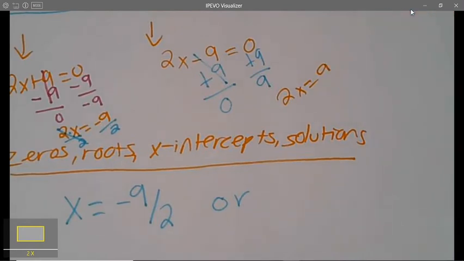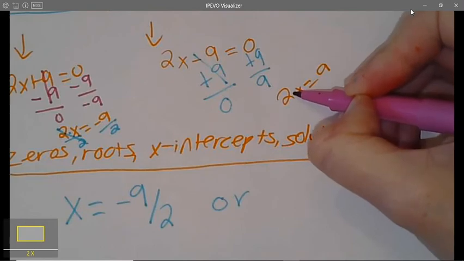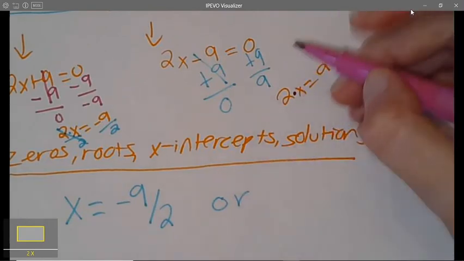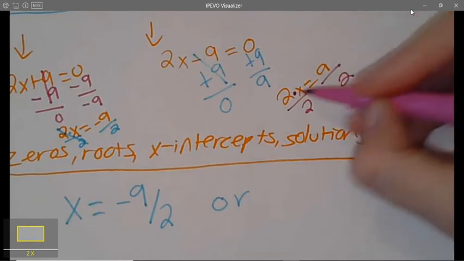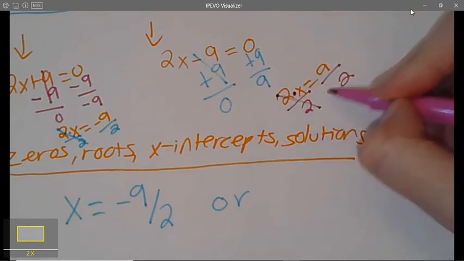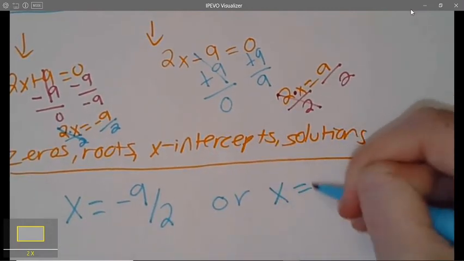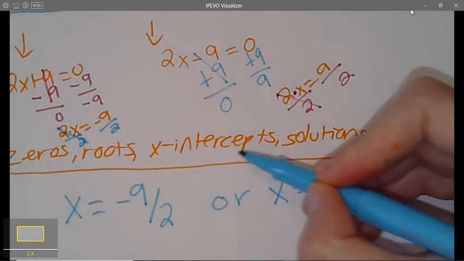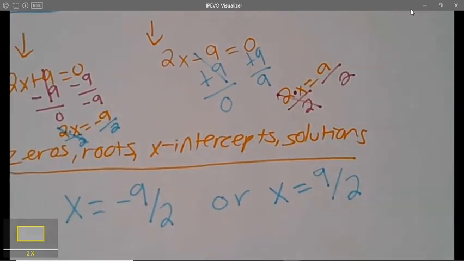These two are secretly multiplying, so the way that you bring 2 to the other side is by dividing it on both sides, which 2 divided by 2 will cancel and turn to 1, and then we're left with 9/2. So my two zeros, roots, x-intercepts, or solutions are negative 9/2 and positive 9/2.